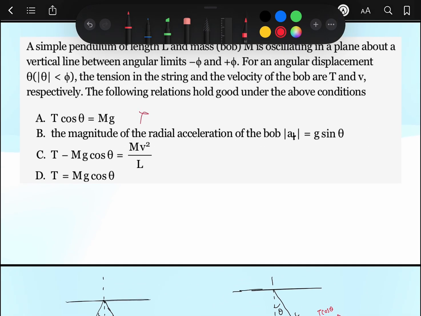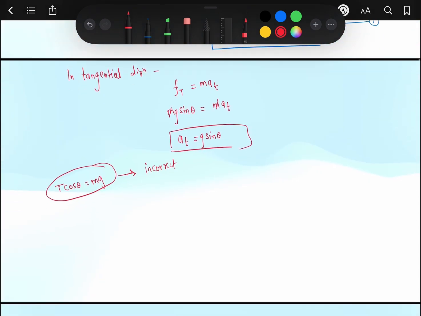Now coming to part B, the magnitude of the radial acceleration of the bob. The radial acceleration is equal to v square by L only, but the tangential acceleration, modulus of a t, will be equal to g sin theta, as we have calculated here.